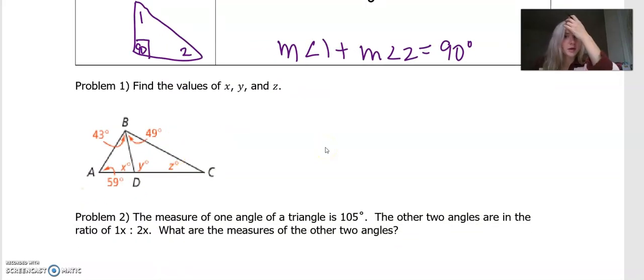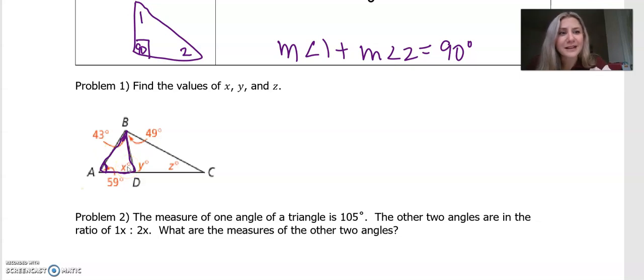Here's our first problem. It wants us to find the values of x, y, and z in this diagram. First thing that I'm going to look at here is this triangle, that little one. I'm looking at that triangle because notice I already know two angles in this triangle. I know this angle is 59 and then this one's 43.